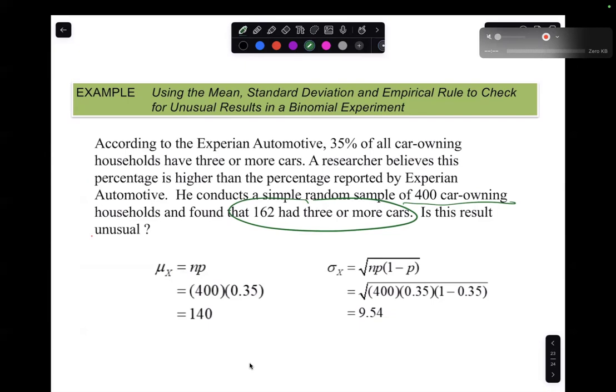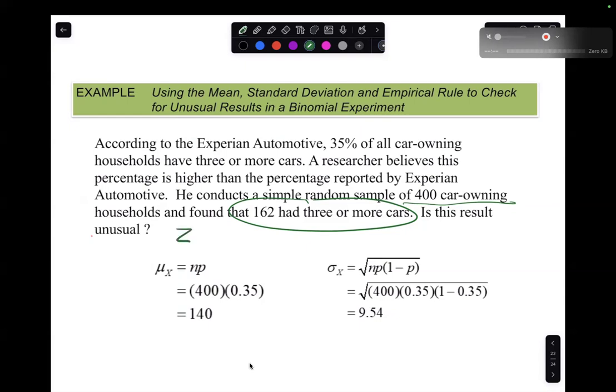There's a couple of different things that you can do. You can use binomCDF or binomPDF, or you can find the z-score of 162 cars, or you can find where the upper limit is using two standard deviations. I'm going to use z-score just because it's fun.